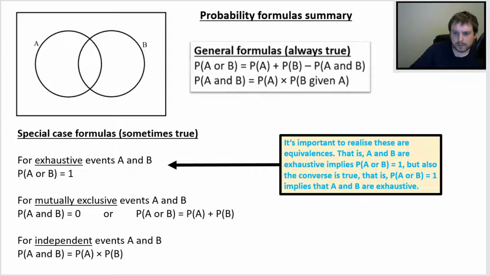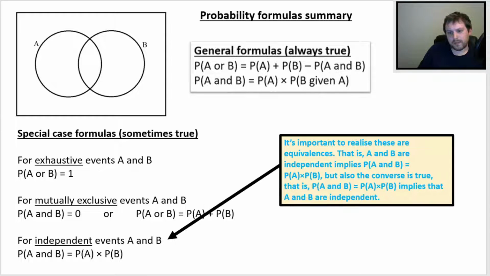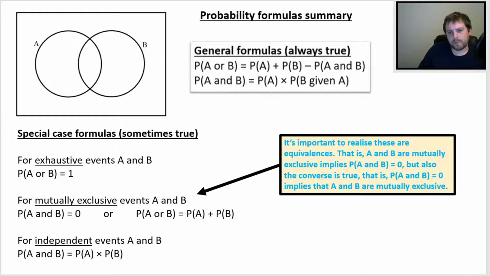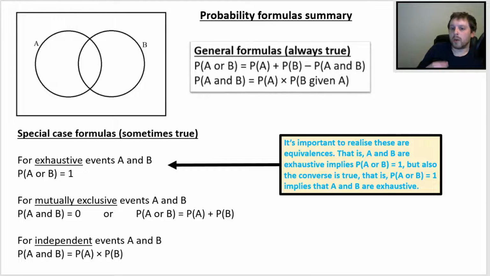So, last thing before I tell you what work I'd like you to do. These 3 things are all what are called equivalences. So what that means is it's not just that I tell you that A and B are exhaustive, and then therefore you can tell me that the probability of A or B is 1. It's also the other way around.